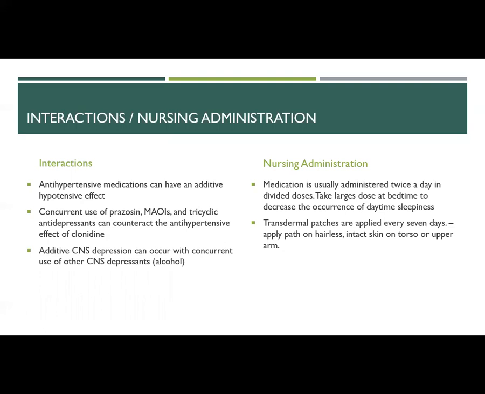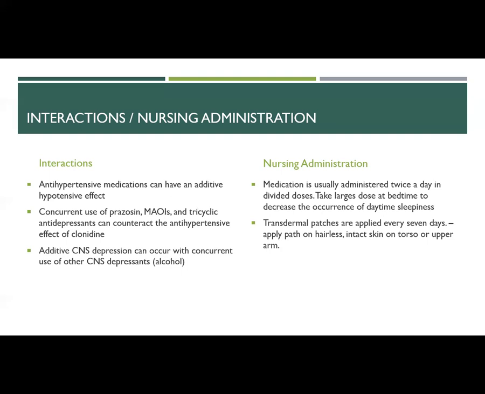Concurrent use of prednisone, MAOIs, and tricyclic antidepressants can counteract the antihypertensive effects of clonidine. So be aware of what antidepressants my patient is on, because just because somebody has depression does not mean they're not also going to have high blood pressure. Additive CNS depression can occur with concurrent use of other CNS depressants, so tell your patient to avoid alcohol.